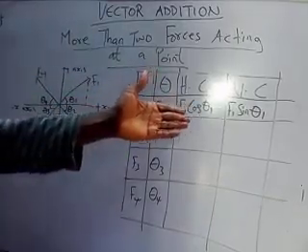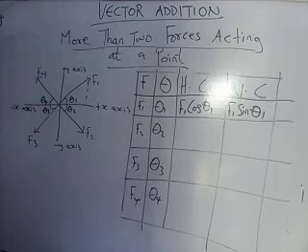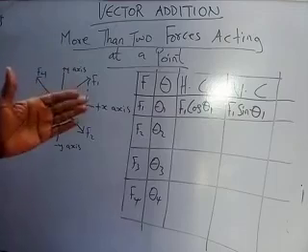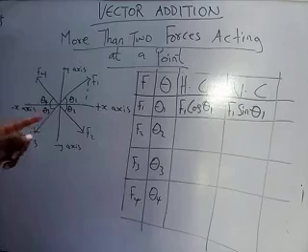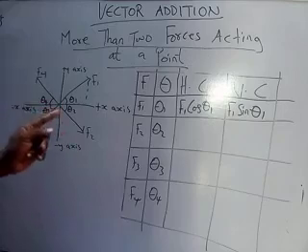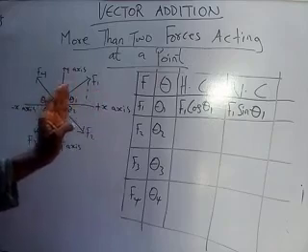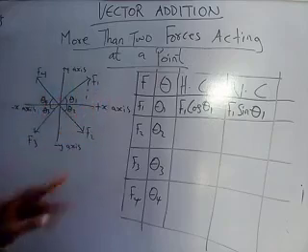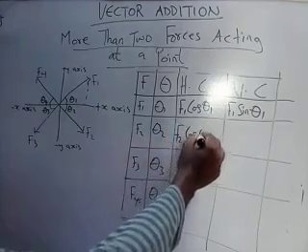F1 sine theta 1, F1 cos theta 1. Then, knowing the values, you compute them. The same thing goes for F2. F2 is in this direction. Horizontal in this direction is positive, so we have F2 cos theta 2.